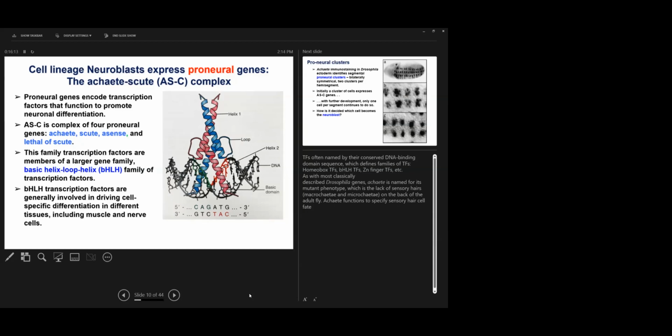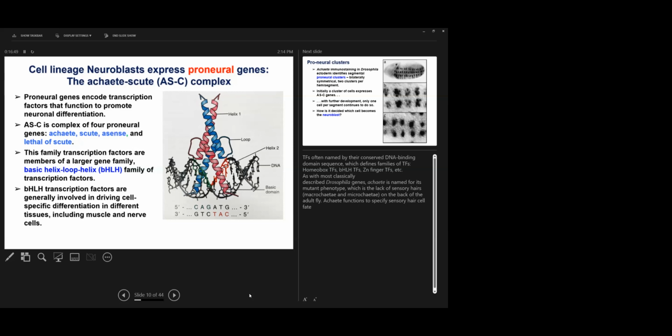You have 4 genes in one group called the Achaete-Scute complex, the ASC complex, which contains these 4 genes: achaete, scute, asense, and lethal of scute. These are the pro-neural genes expressed in the neuroblast, which define the neuron. Those genes form a specific type of transcription factor called the basic helix-loop-helix, bHLH, family of transcription factors.